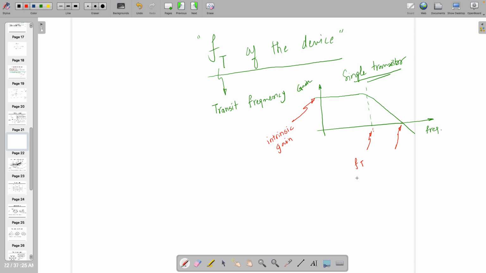And FT is 1/2 pi CGS. So frequency is depending on 1/2 pi times RC, right? Generally, we do not like this R term. This 1 by R, we are going to call transconductance, right? So GM by 2 pi C. GM is the transconductance of the transistor.